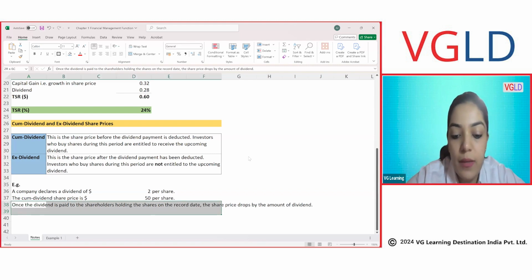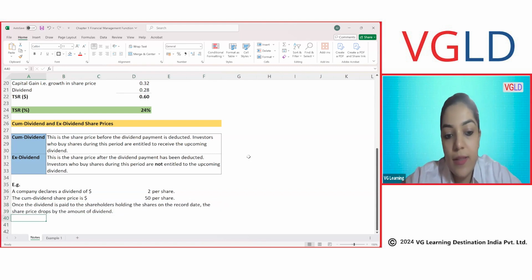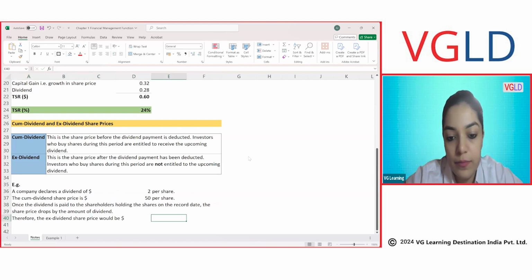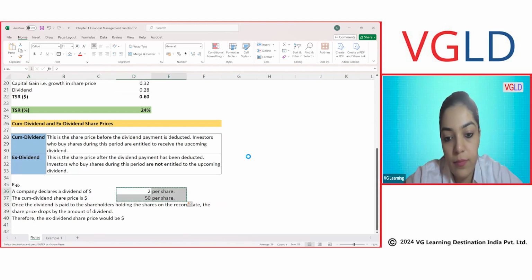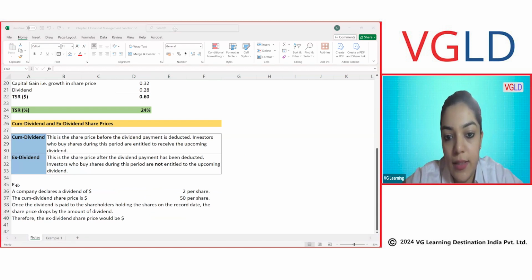So can anyone tell me what would be the ex-dividend share price? Therefore, the ex-dividend share price would be dollar what? 48.